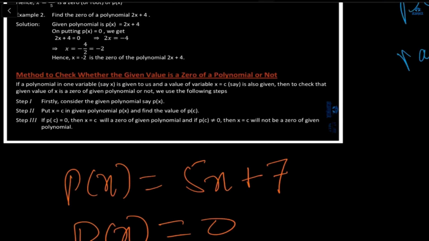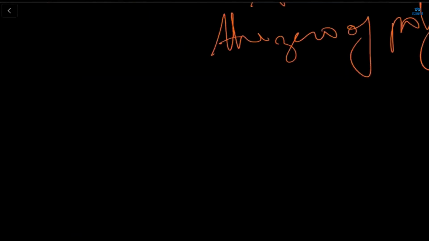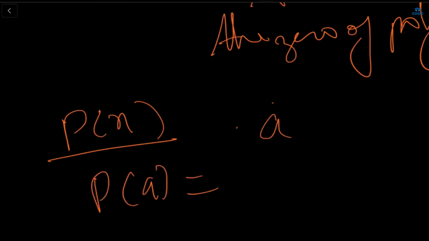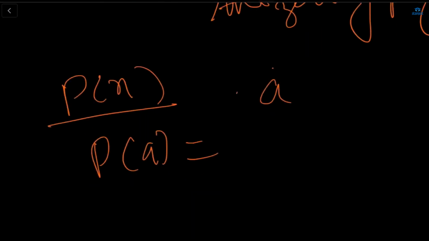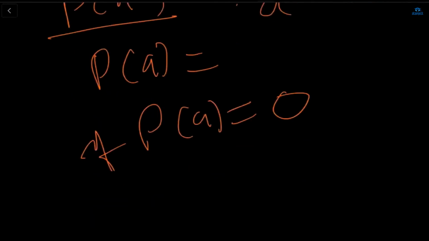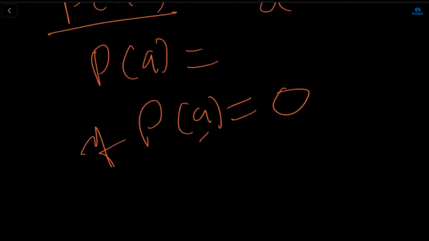Whatever polynomial is given, you put x as a in it and check: if p(a) is equal to 0, then a is the zero of the given polynomial. If it is not equal to 0, then it is not the zero of the given polynomial.